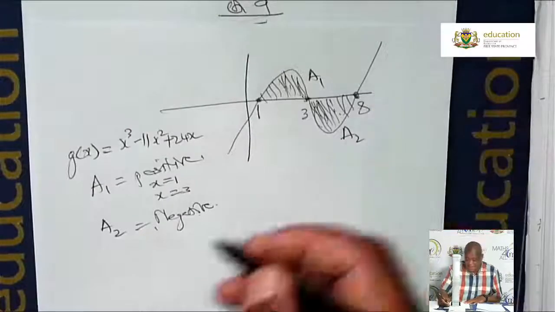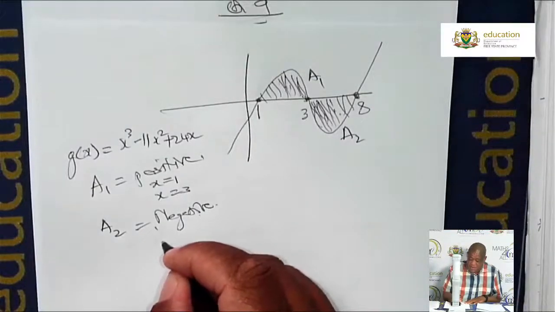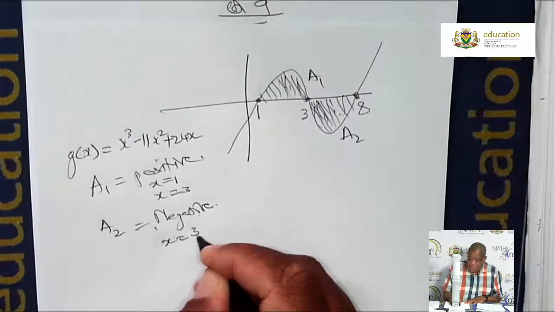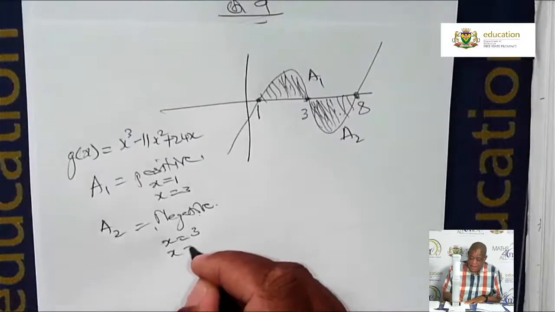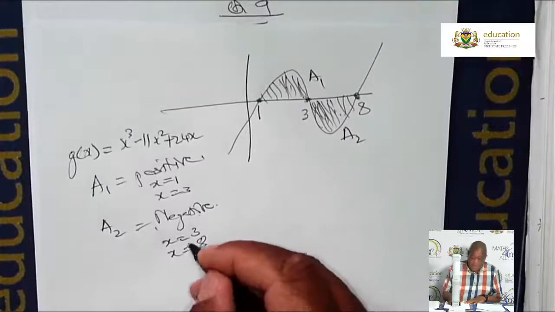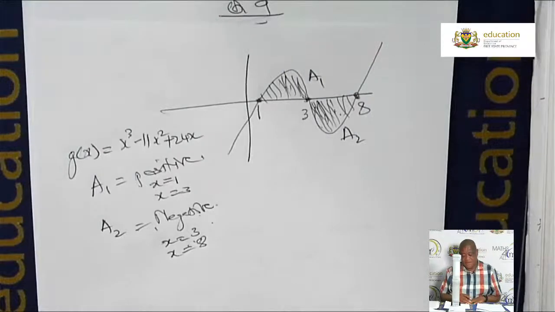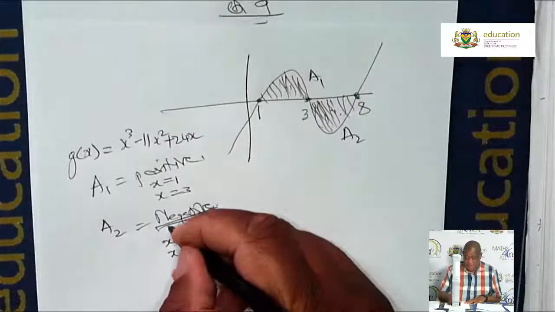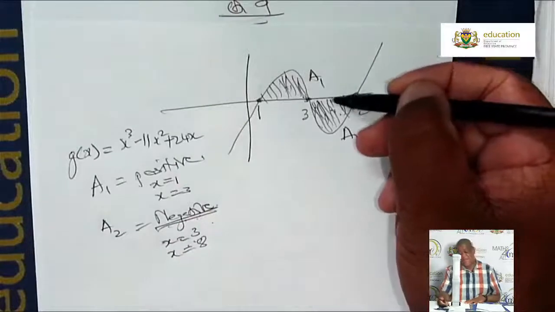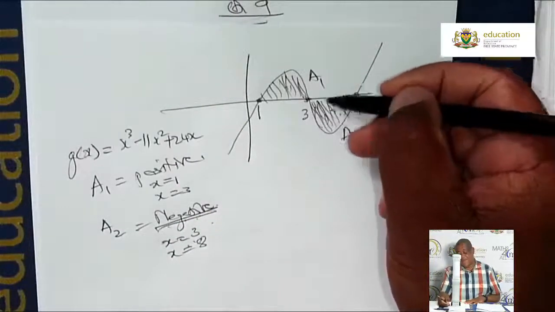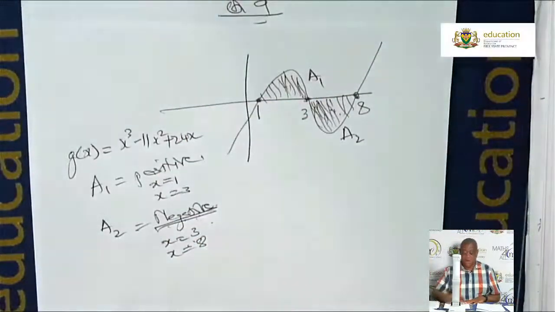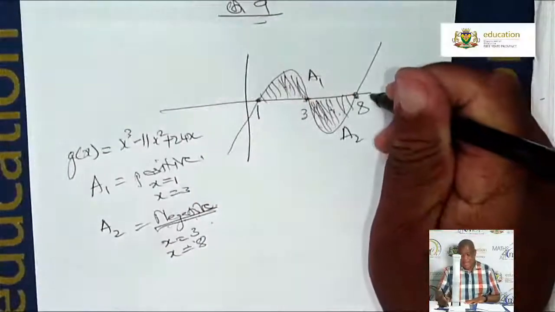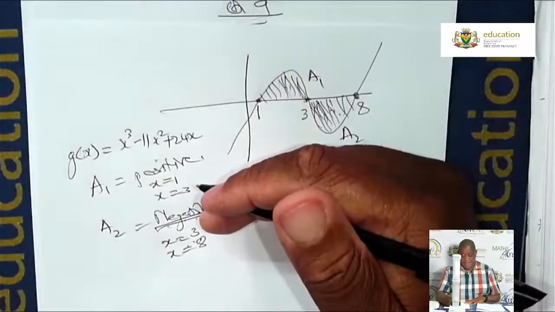The area of the second one, that is between x equal to 3 and x equal to 8, will be negative. The negative sign is just showing us that the area we are talking about is below the x-axis.